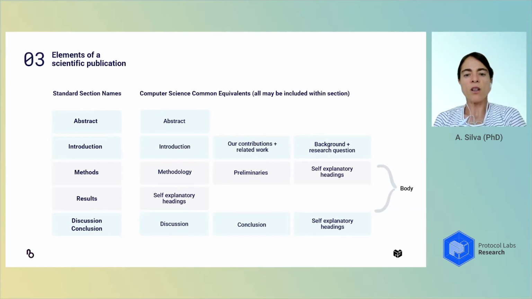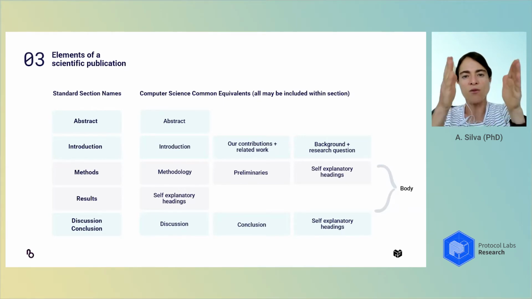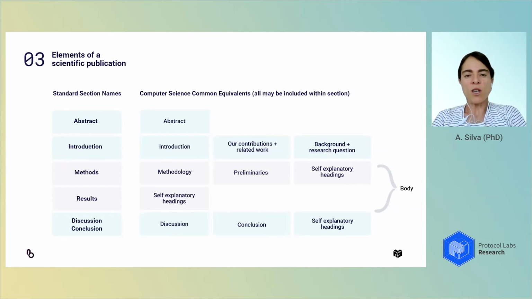And they realized that this very fixed IMRaD structure is not really compatible with the type of research we're doing, the type of information we have to convey. So we believe that it's in the reader's best interest to create self-explanatory headings. And it works fine. I'm not of the field, and I've read many papers of computer science, and it's easy enough to follow, at least in terms of the rationale. Of course, I don't understand everything, but that's what it means.